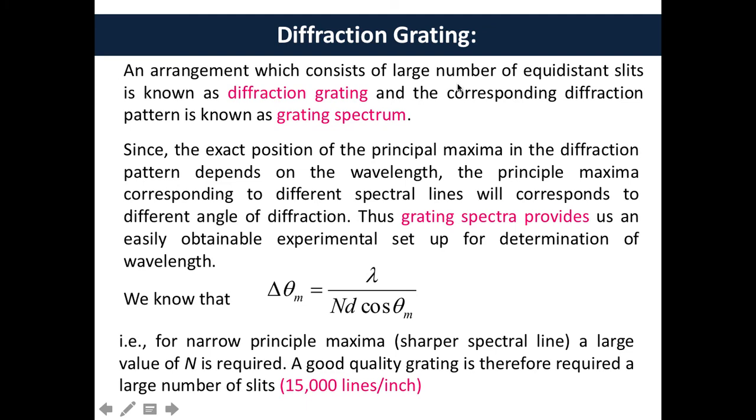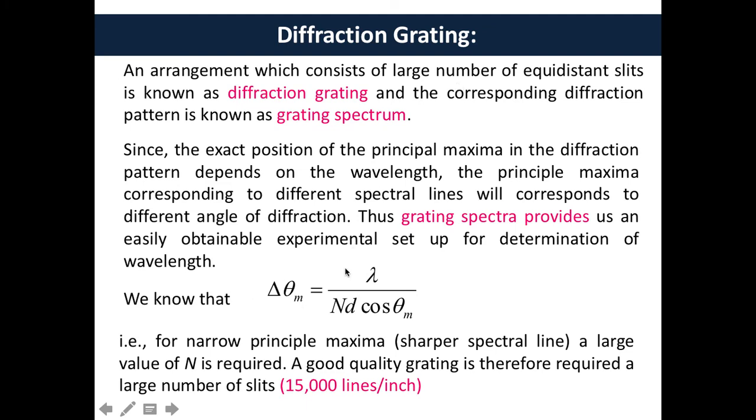The principal maxima correspond to different spectral lines, and these different spectral lines correspond to different diffraction angles. From this diffraction angle you can find out the wavelength. So these grating spectra provide us an easily obtainable experimental setup for the determination of the wavelength.